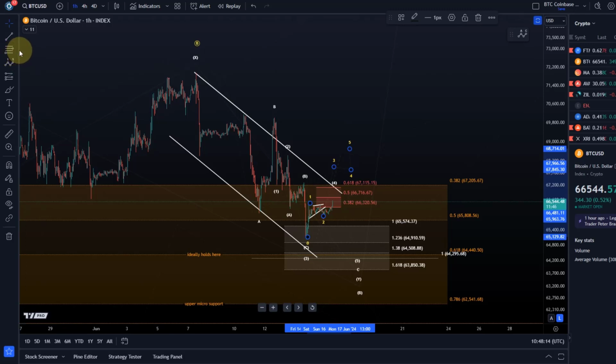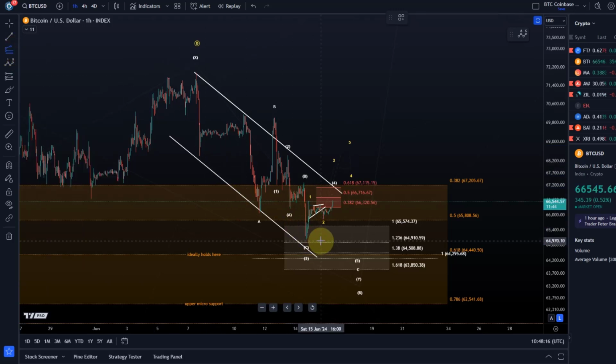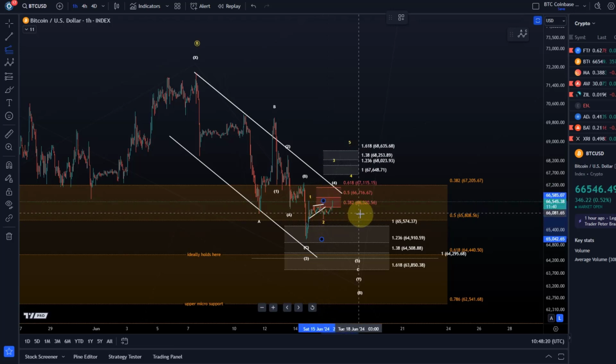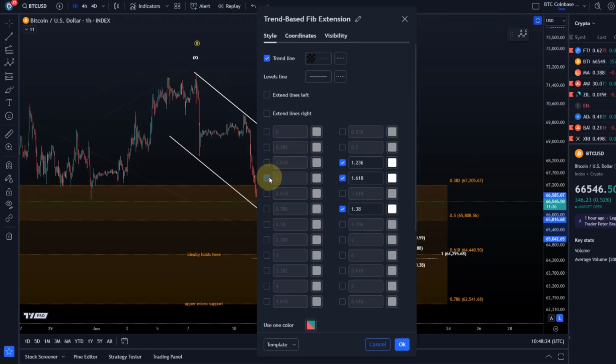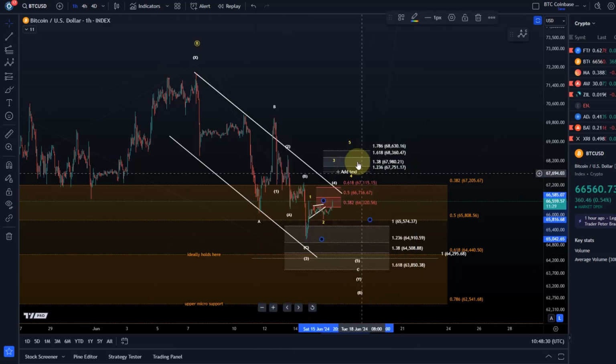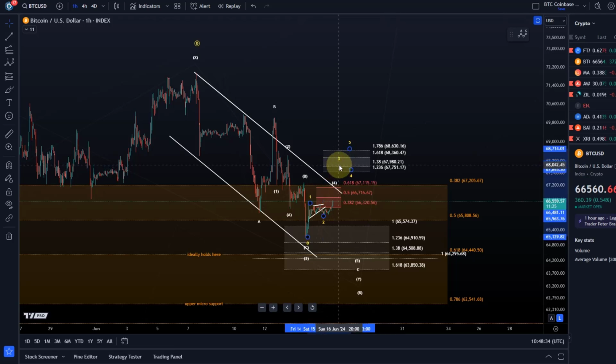I can give you the parameters that would constitute a 5-wave move. So for example, what we need the price to do is, let me just add a couple of levels here. In wave 3, reach 67,980.